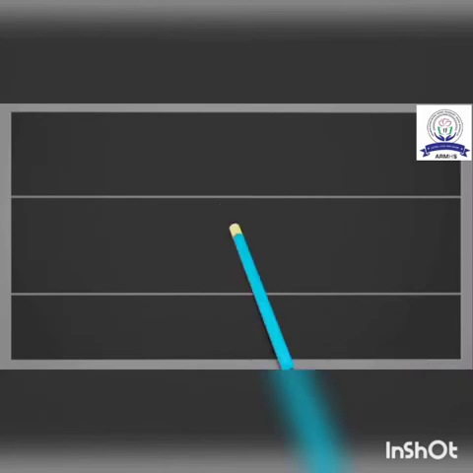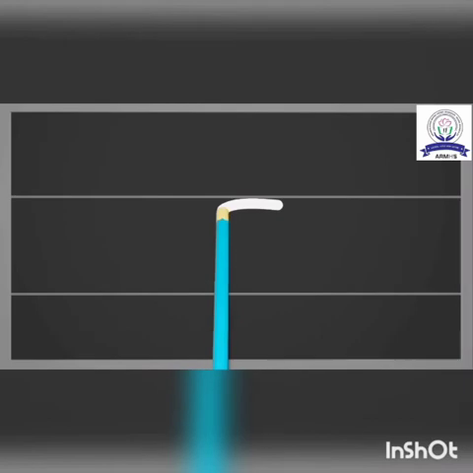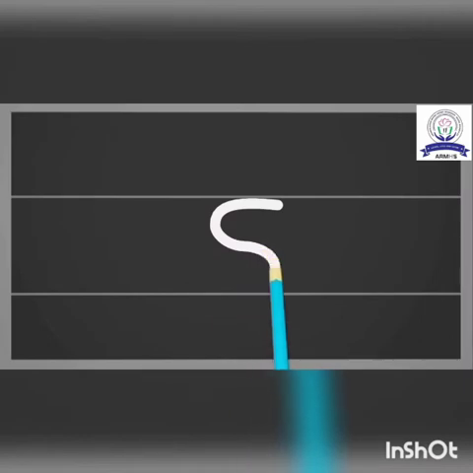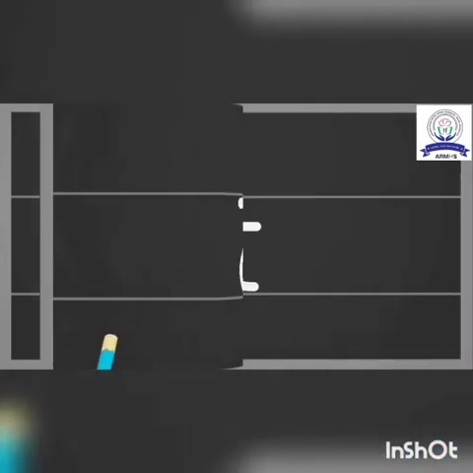Next letter small s. Start from the middle and swing to the left, and create a curve. Now swing to the right and create another curve to the bottom. Small s.